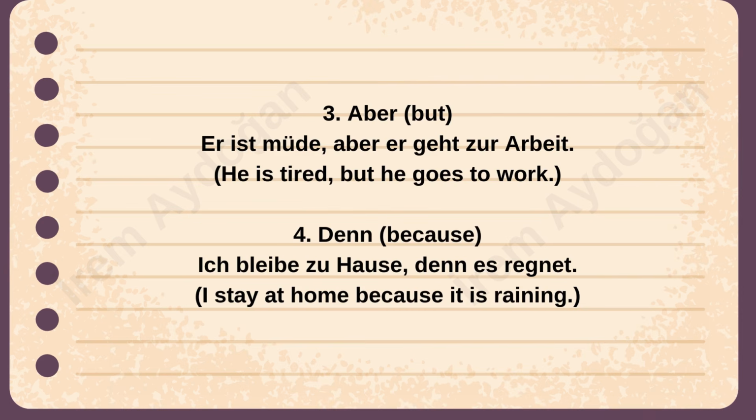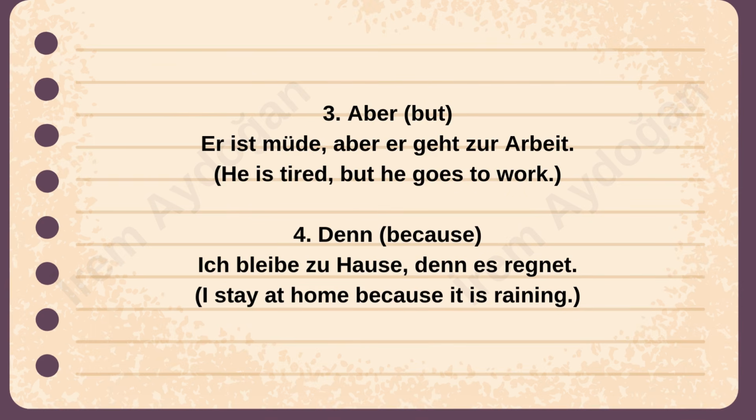And then denn. It means because. Ich bleibe zu Hause, denn es regnet. I stay at home because it is raining. The because in English has the same meaning and the same usage as denn in German.